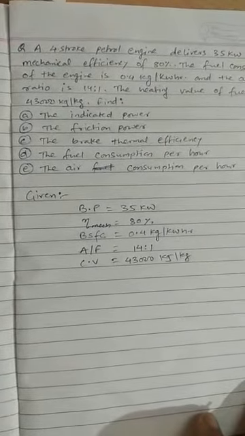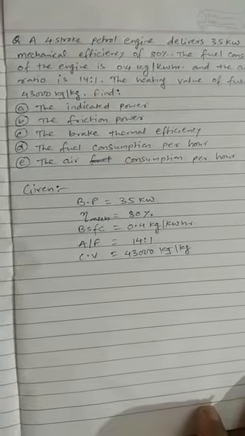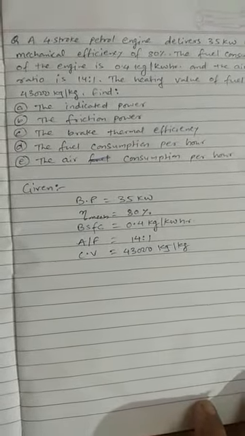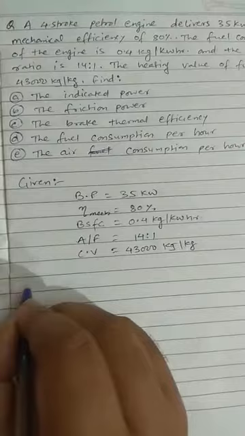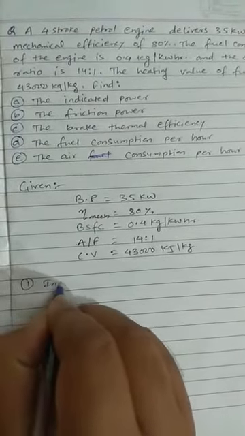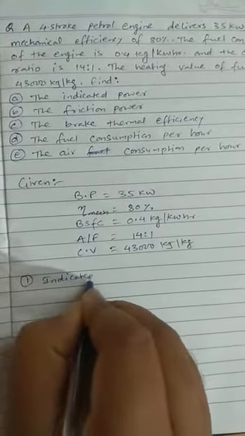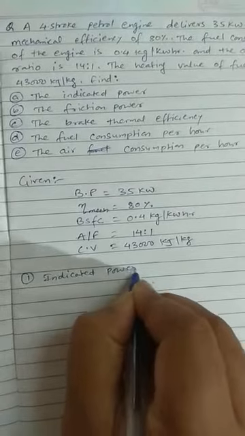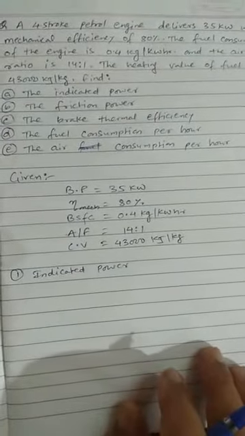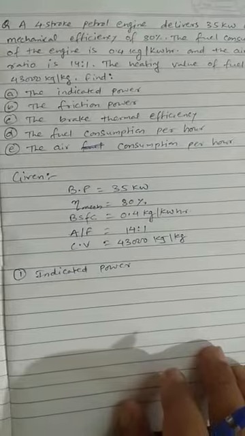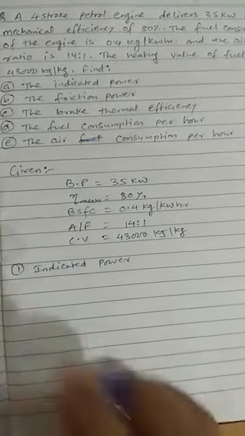First, we find the value of indicated power. Indicated power will be found from the mechanical efficiency formula.